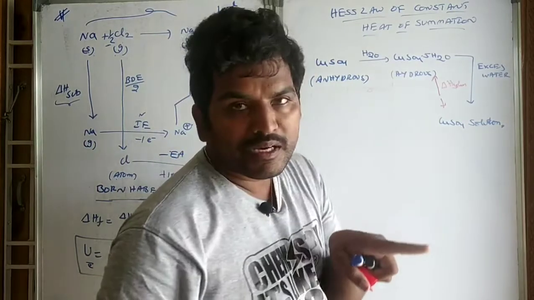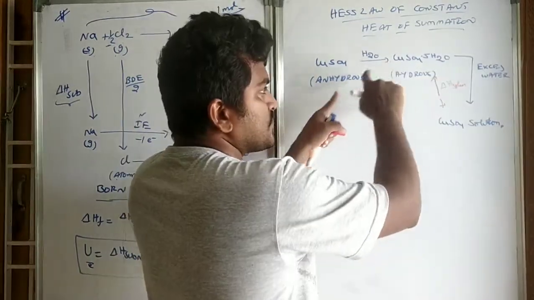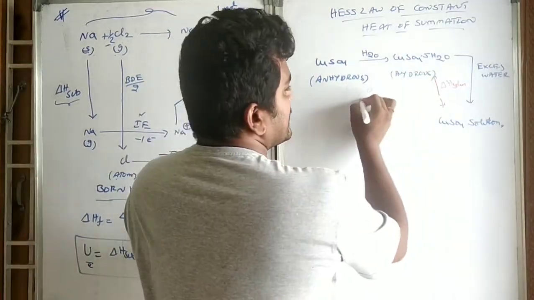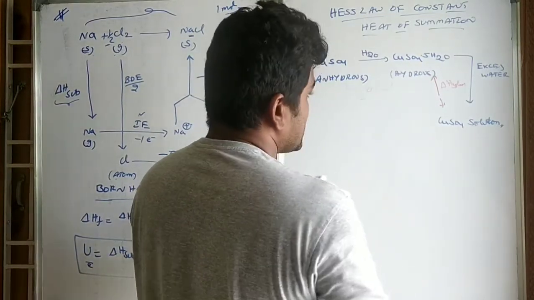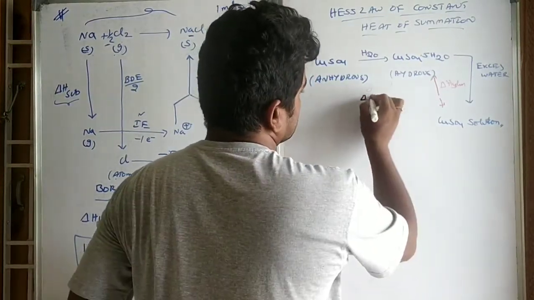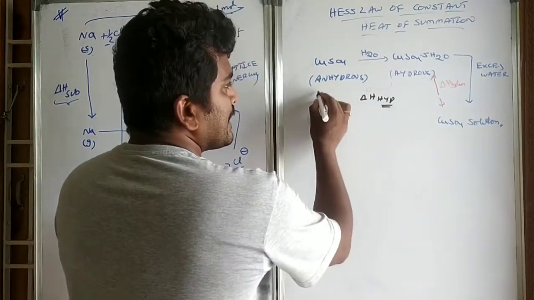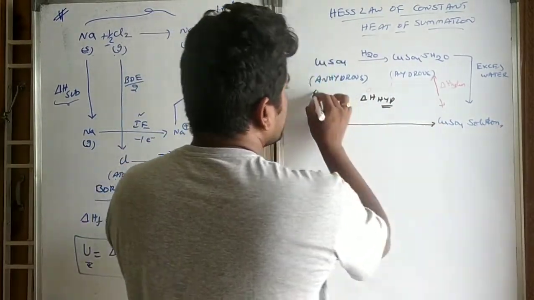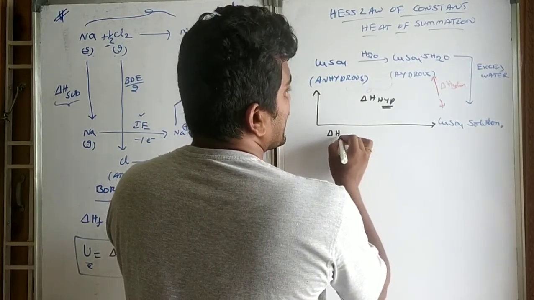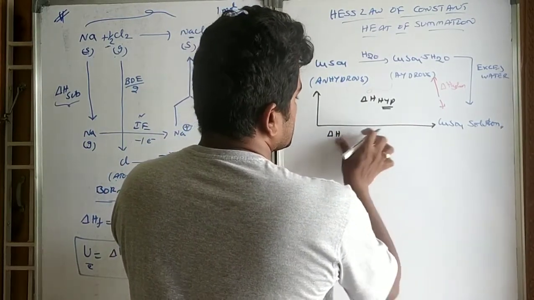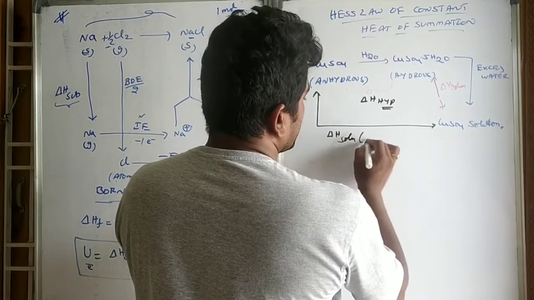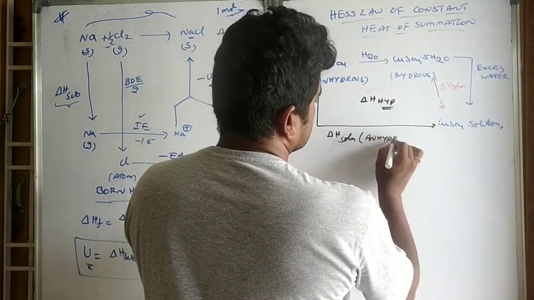Amount of heat liberated when 1 mole of substance is hydrated is known as enthalpy of hydration. So you see, anhydrous salt dissolved in water is known as enthalpy of solution for anhydrous salt.